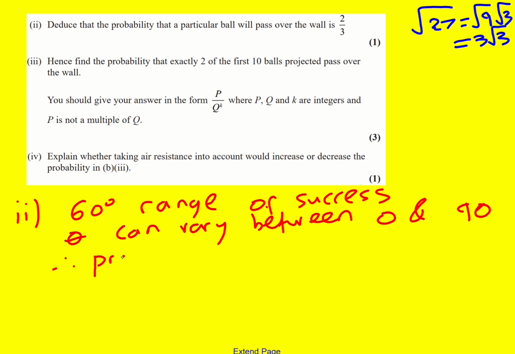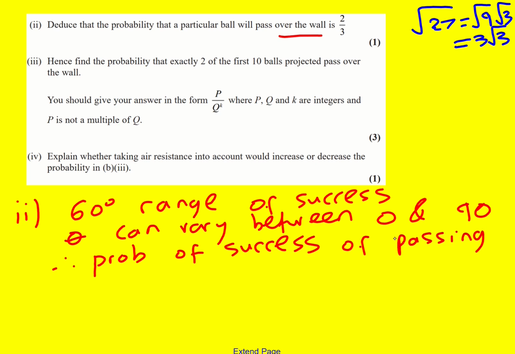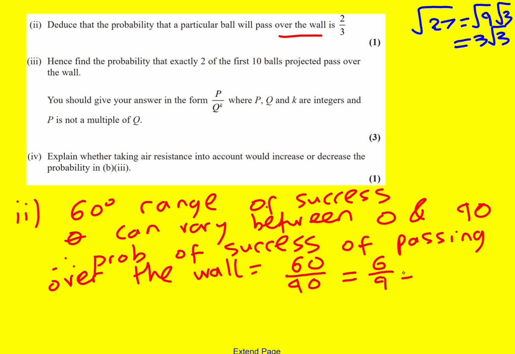Therefore, probability of success, that is to pass over the wall, will equal the range that we can get to pass over the wall divided by the total possible range, which implies 6 over 9, or 2/3.